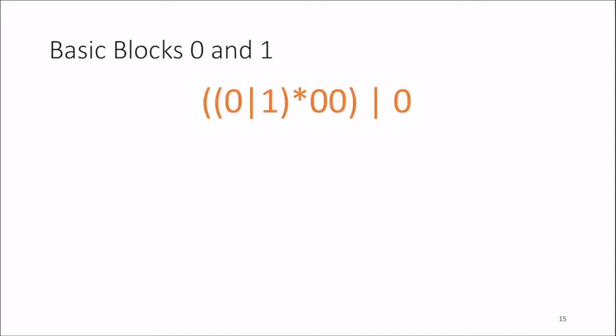So let's start with the construction. It always starts with the basic blocks, starting with the symbols in the alphabet. We're going to start from the very simple single symbol strings, and then grow to larger and larger substrings in this regular expression.